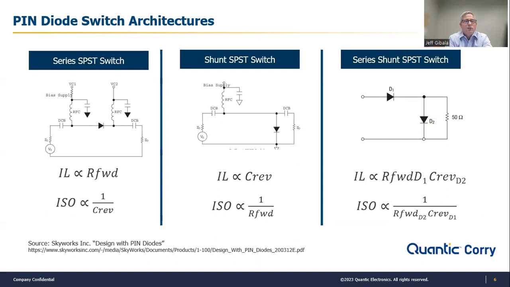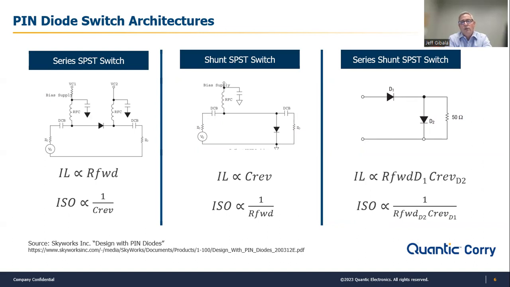Some of the high frequency energy can bypass that resistor through the capacitance, and the isolation will be proportional to the inverse of the capacitance, while insertion loss will be directly proportional to the magnitude of the resistance in this architecture.